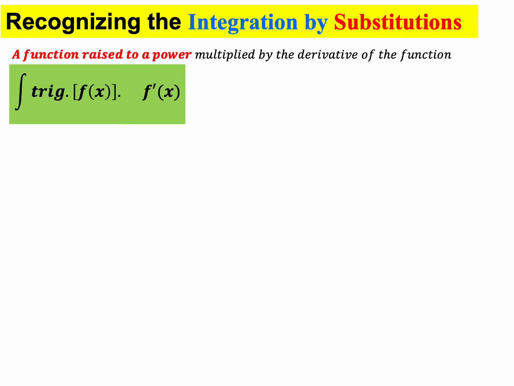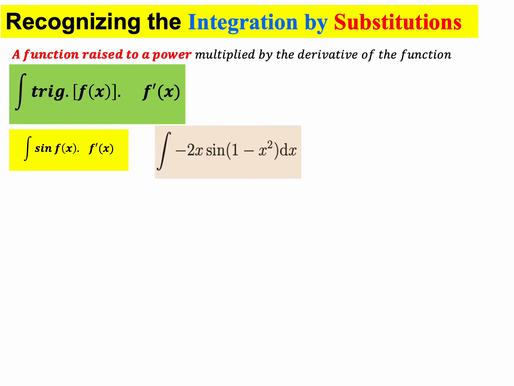The common case is about a trigonometric function with a function inside, not x. So when we have, for example, sine of a function multiplied by the derivative of that function, such as this example, where I have sine of 1 minus x squared and the derivative of the inside of the trigonometric is given, we can use integration by substitution.